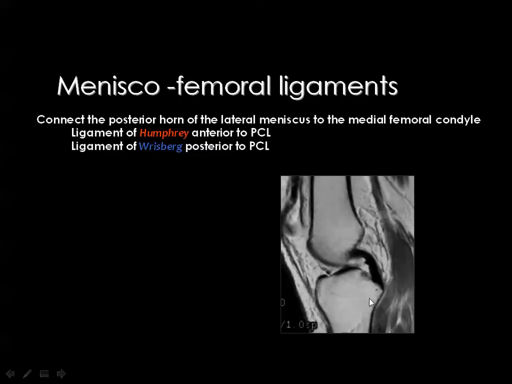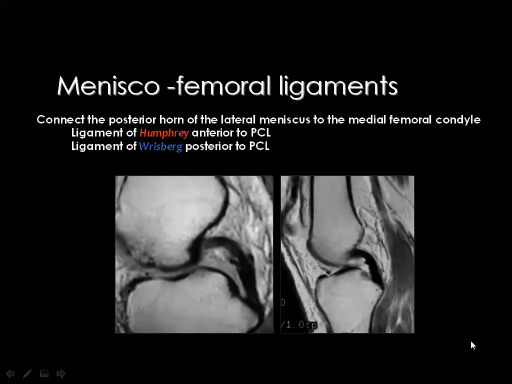Then this is the posterior cruciate ligament, and in some cases you can see a small black dot anterior and another one posterior. Very frequently you cannot appreciate these small dots because of the proximity of signal between these structures and the posterior cruciate ligament.